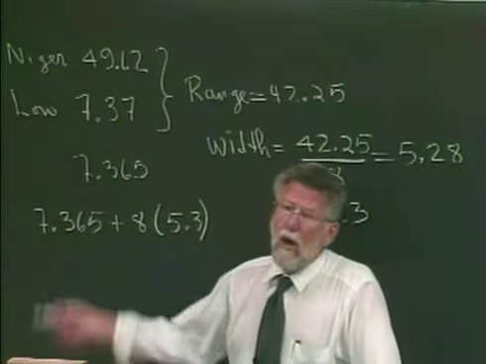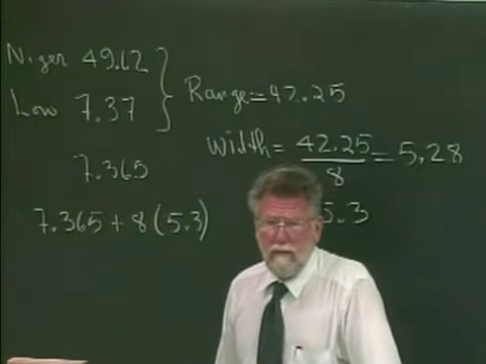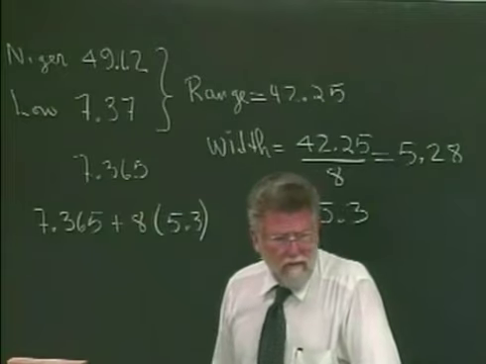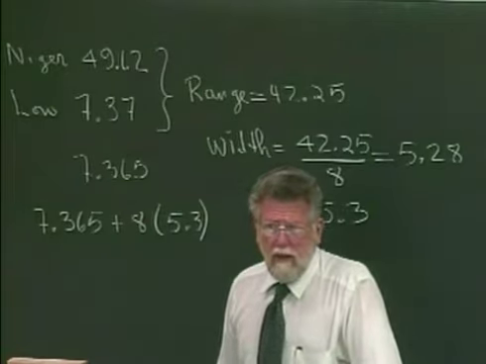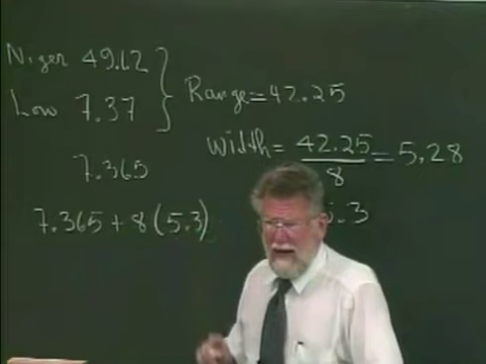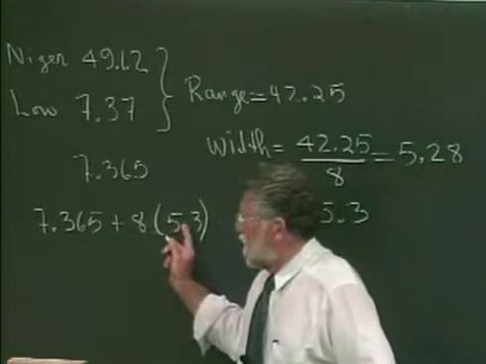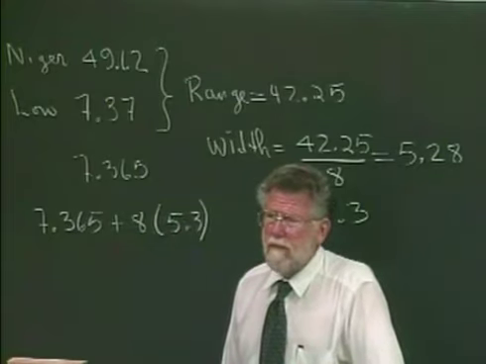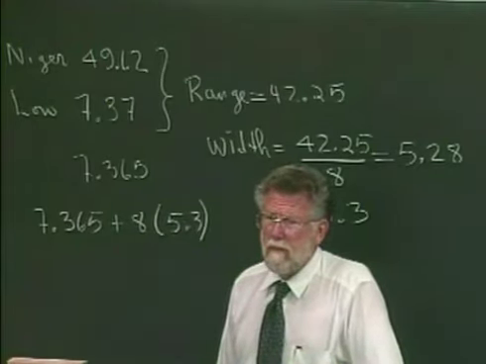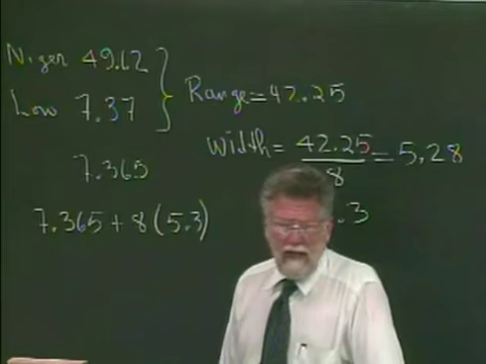Hence, all my data is in 8 intervals. Now, if it turns out that this value is not higher than the highest data point, then I will increase from 5.3 to 5.4. On rare occasions, that happens with data.